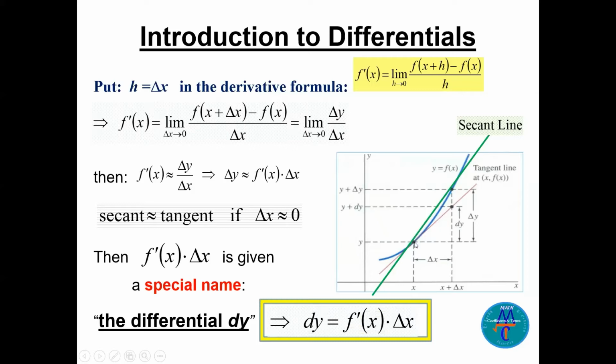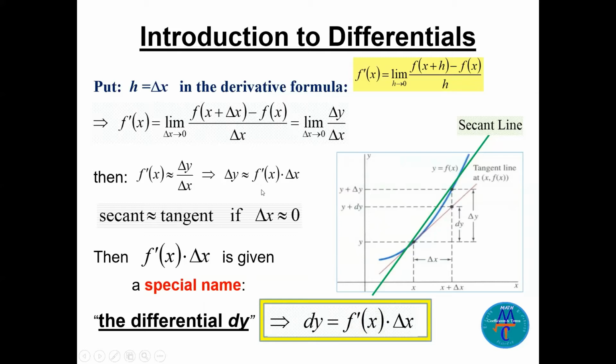So this point here, x and y, and this point here, x plus delta x, and the y value is y plus delta y, or f of x plus delta x. So the secant is approximately the same as the tangent if this delta x is approximately 0. So as you decrease this delta x to 0, this secant line will coincide with this tangent line.